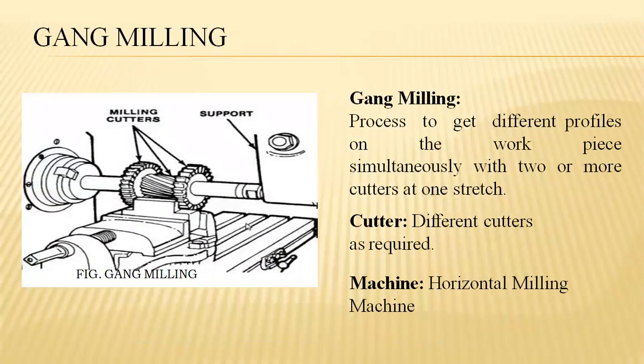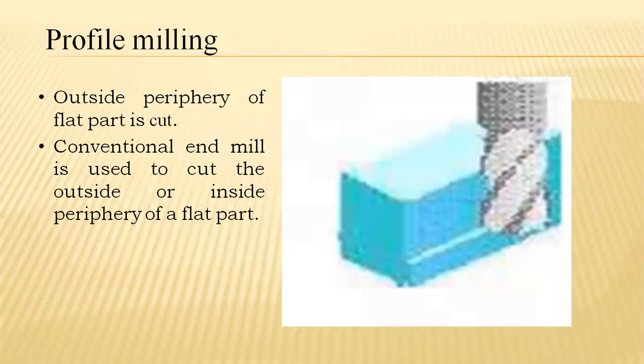Gang milling process is used to get different profiles on the workpiece simultaneously, with two or more cutters utilized for simultaneous operations at both the ends, and even in the middle for finishing. So here cutting to a particular depth of cut, here another depth of cut, and here the surface finishing. So three different processes complete simultaneously over the workpart.